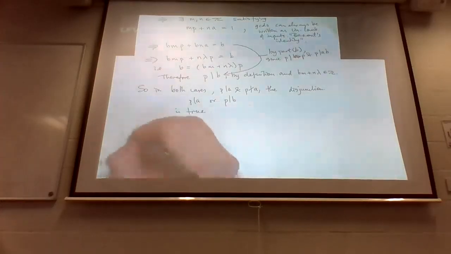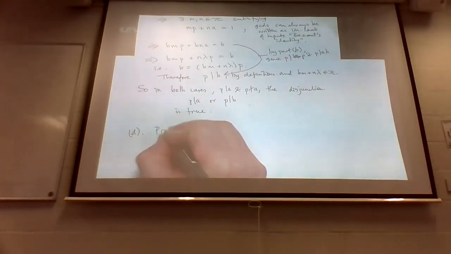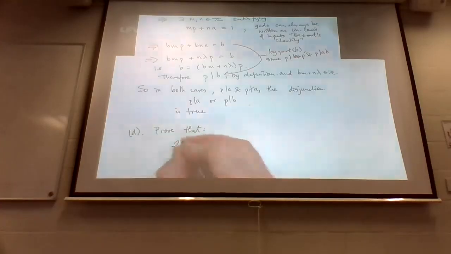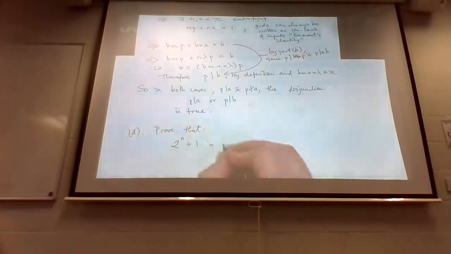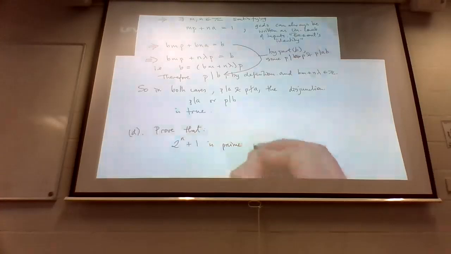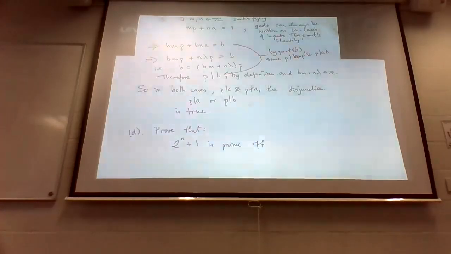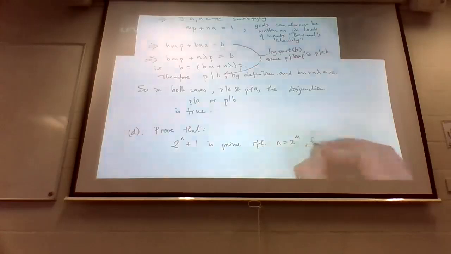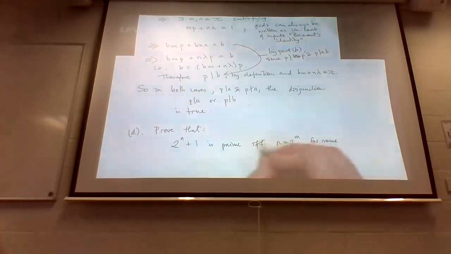So part D is to prove that 2 to the n plus 1 is prime if and only if n is a power of 2. I think that it's just one way, just a normal implication. Yes, indeed.